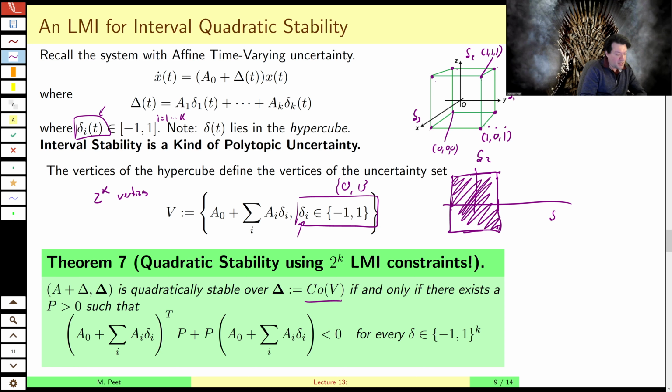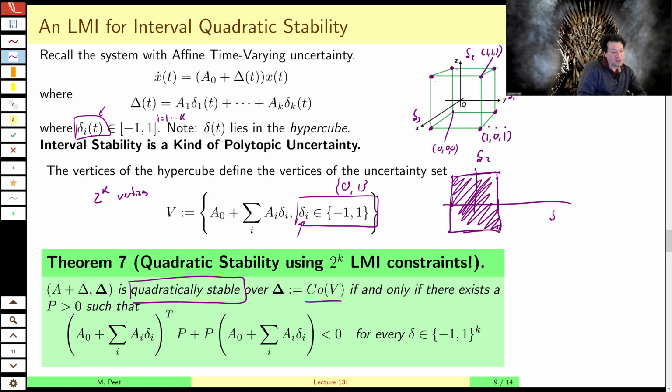And so we can just skip the whole conversion to a polytope and just state that the infinite dimensional LMI, the quadratic stability condition, is satisfied if the LMI holds at all the vertices of the polytope, or of the hypercube. 1, 2, and all 8 in this case.